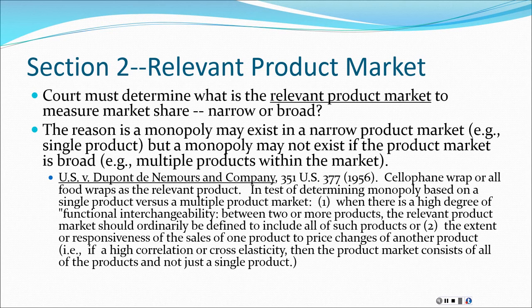There was aluminum foil. Now, considering all of those as the relevant product market because they were substitutable and there was functional interchangeability, DuPont did not maintain a monopoly in the flexible plastic wrap.